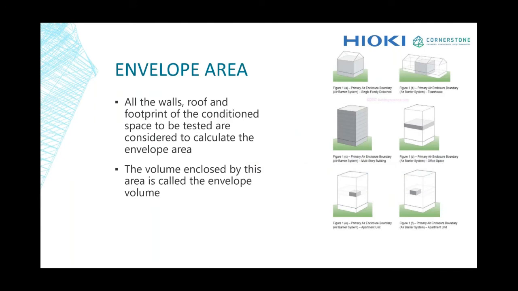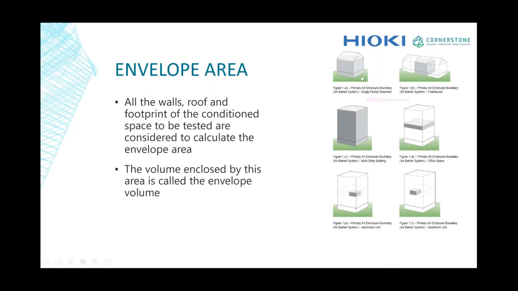Before going to a site, we request the drawings and we look into the envelope area. The envelope area is basically the area enclosing the conditioned space that we are going to test for air leakage. As you can see here, we have cited different examples.